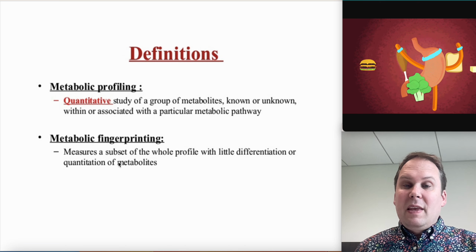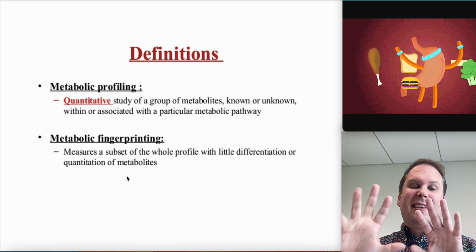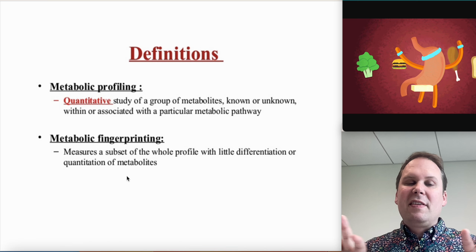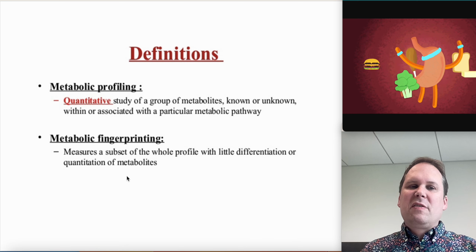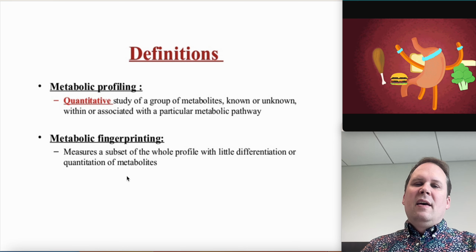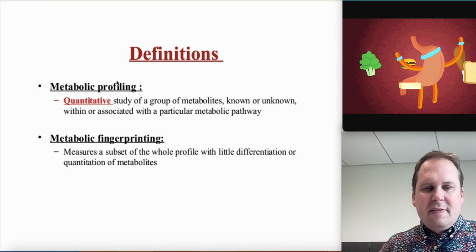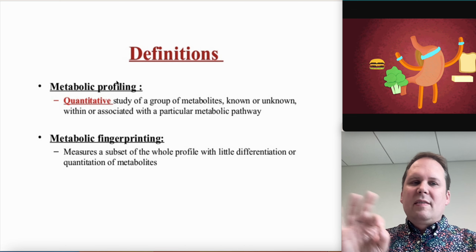Fingerprinting is going to attempt to get the entire array of what are all the different metabolites that you're making. It's not really going for quantity, it's just going for the full array of what's going on here. The quantitative stuff might tell you subtle differences between one cell type and another.